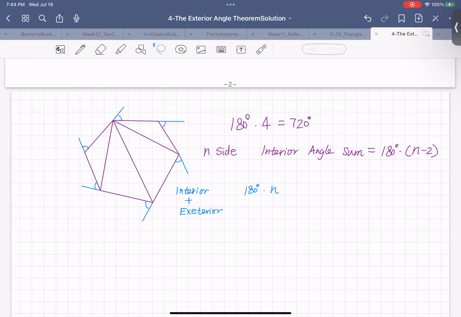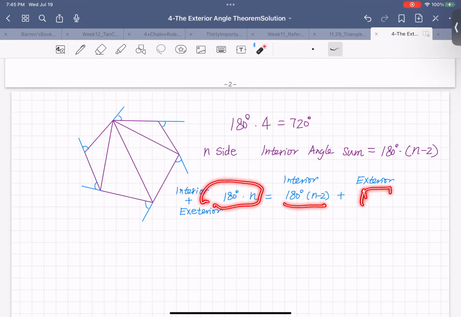You have n sides, so it's 180 times n, which equals the interior, 180 times n minus 2, plus the exterior. So 180 times n equals this plus 180 times 2, which is 360 degrees. All right.